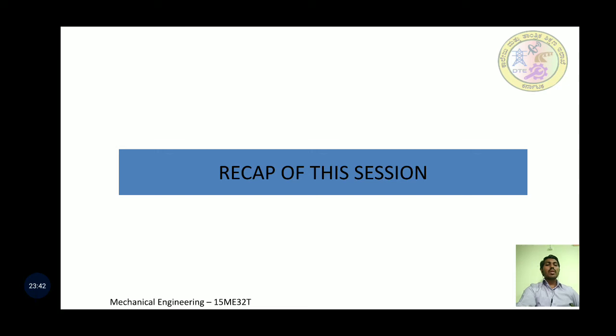Turning pair, one can turn or revolve around the other. Rolling pair, one can roll over another fixed link. Screw pair, turning as well as sliding motion between them. Spherical pair, one element with spherical shape turns or swivels about the fixed element.